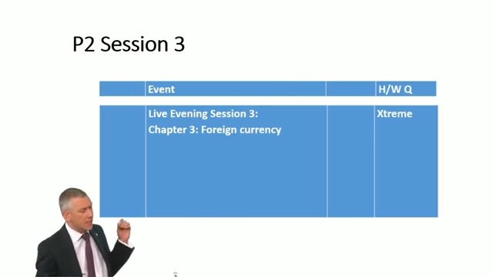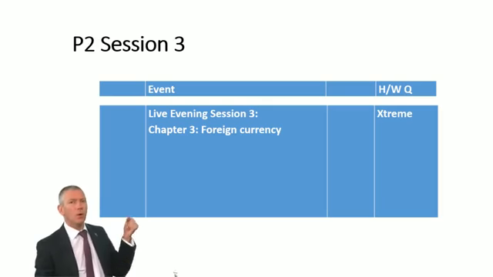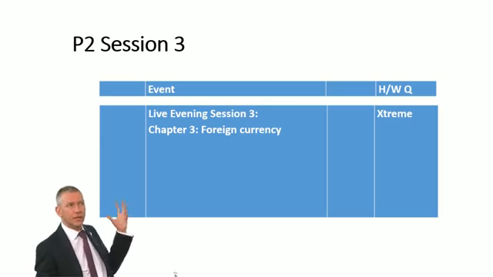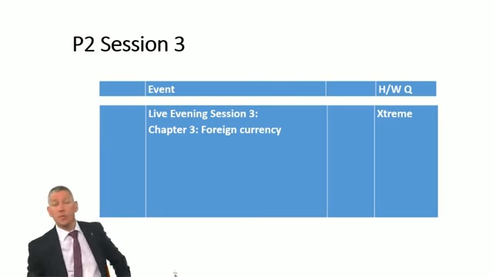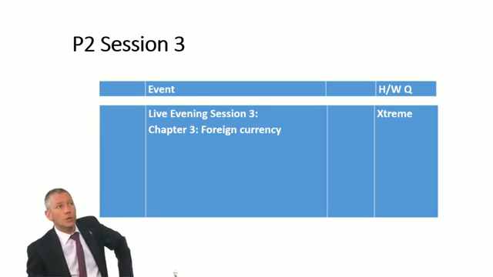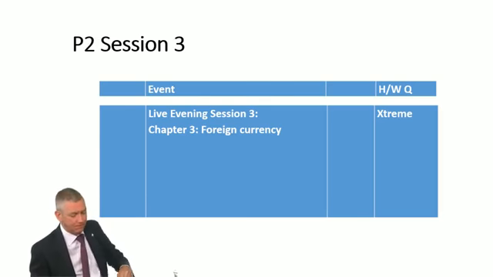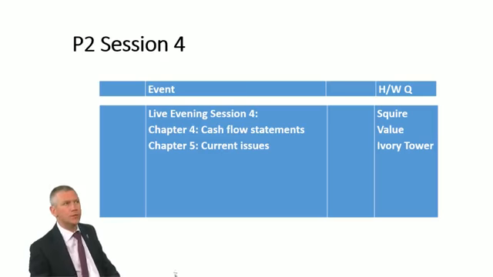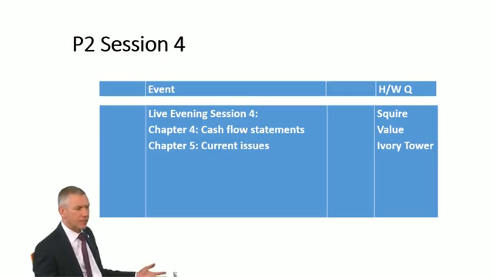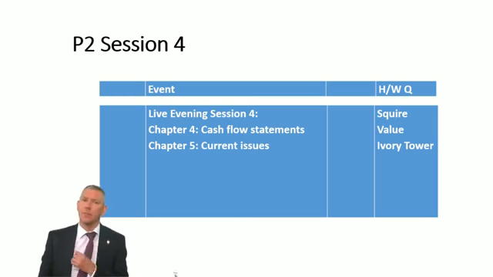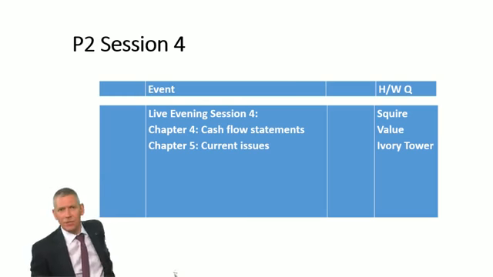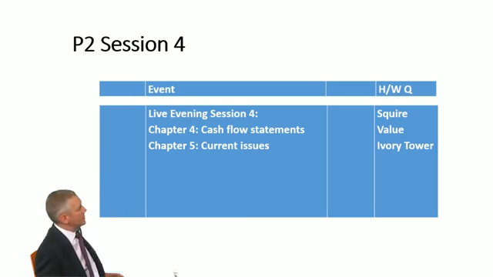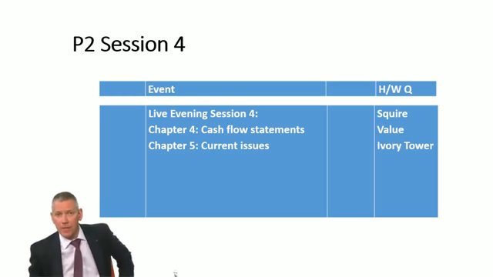But we augmented our group's knowledge by looking at foreign subsidiaries. Not only did we look at foreign subsidiaries, we looked at foreign transactions more broadly, and then moved on to cash flow statements. Cash flow statements are considered part of the groups section of the syllabus, but actually cash flow statements are really very different to P&L and balance sheet.